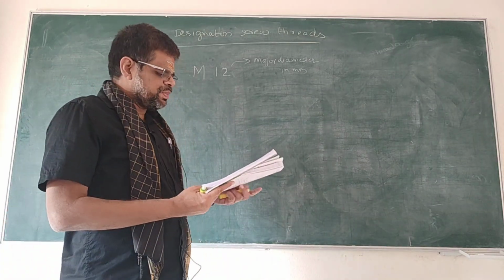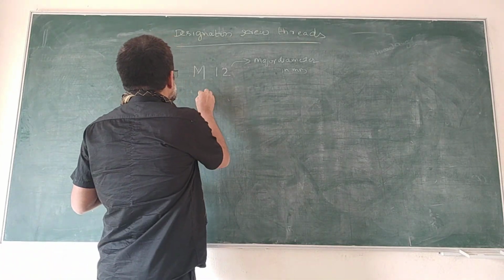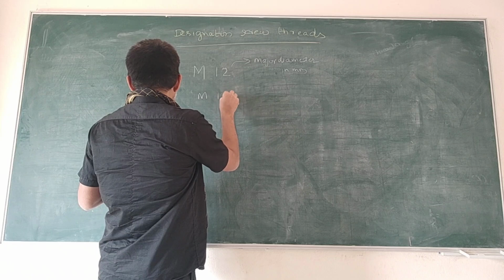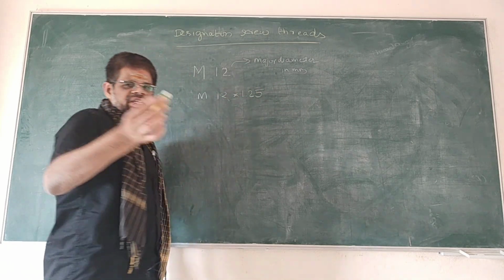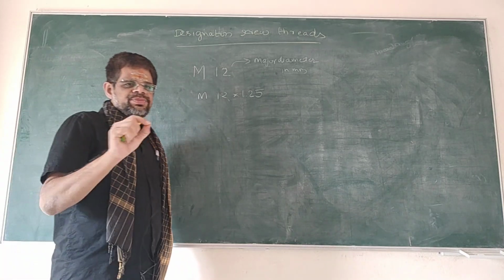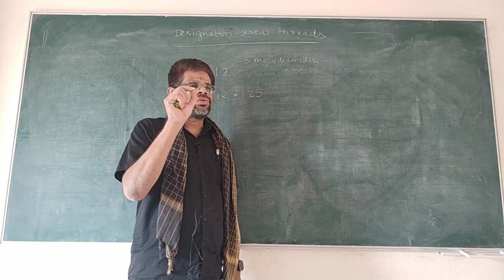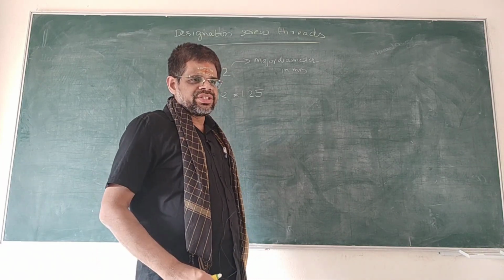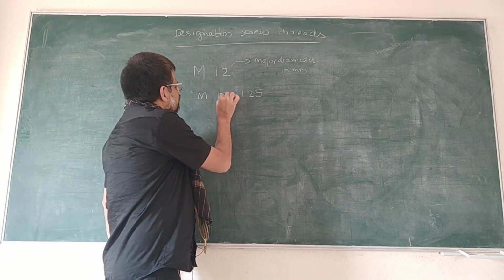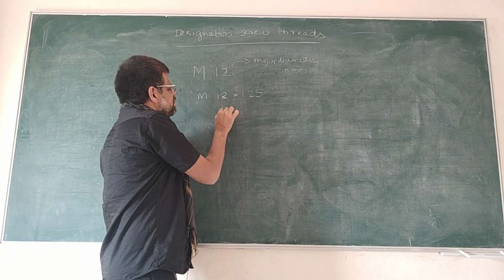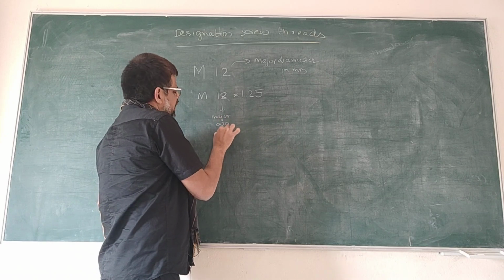Sometimes you may have to specify the pitch also. In such cases, M12 into 1.25. So you know what is meant by pitch. It is the distance between two consecutive crests or roots in a screw thread. That is called pitch. So here this M represents metric once again, and this 12 represents the major diameter or nominal diameter in mm.